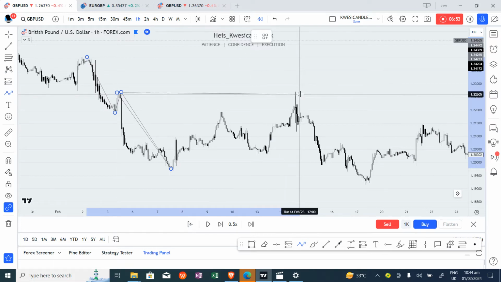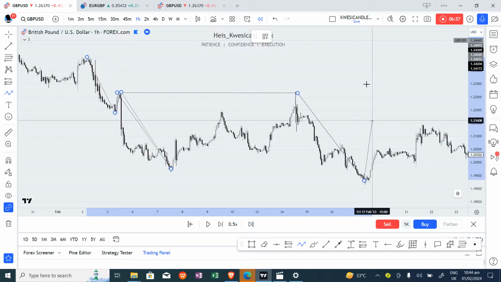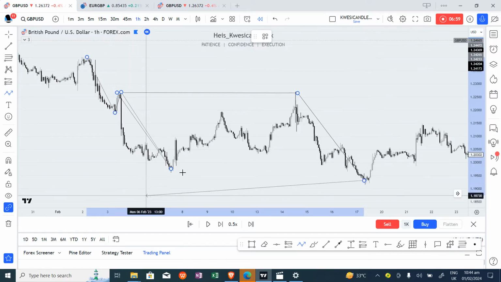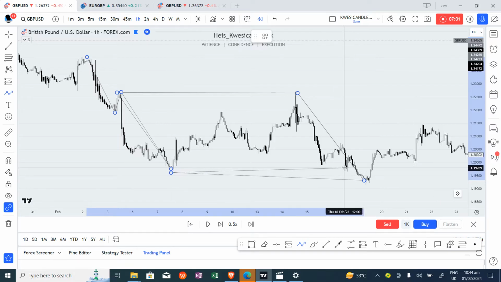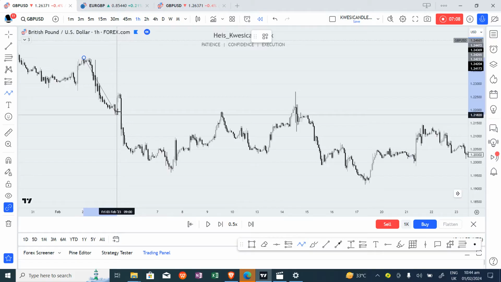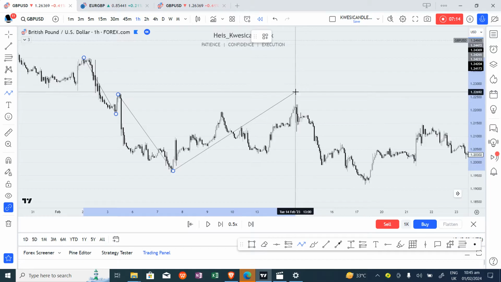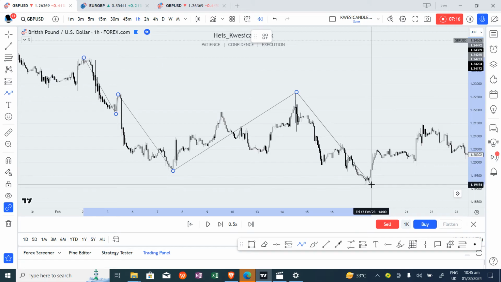It came back to take out the liquidity and continue on the sell to the downside. So this place will be our target, our B level. So let me draw it again for you to see. This is our A, this is our B, this is our C. You get it? Then price came to clear our B, which is the liquidity, then it sold to the downside.